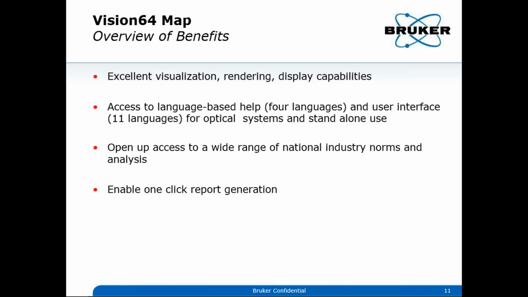It also opens up access to a wide range of national norms. Most countries would use the ISO method, but some countries like Japan or Germany have another set of standards. So if you are serving customers from different countries, this is a good software to come up with parameters that comply with your customers' needs in different countries. It also has one-click report generation, which I will introduce in the following slide.